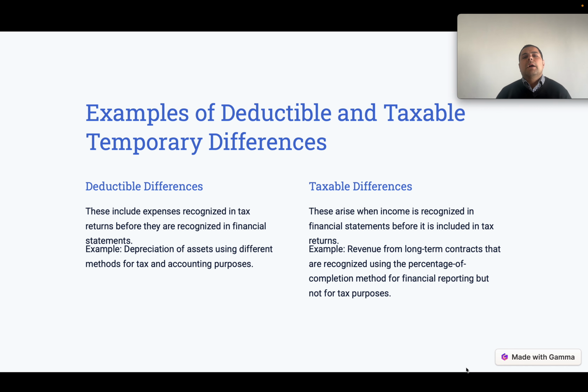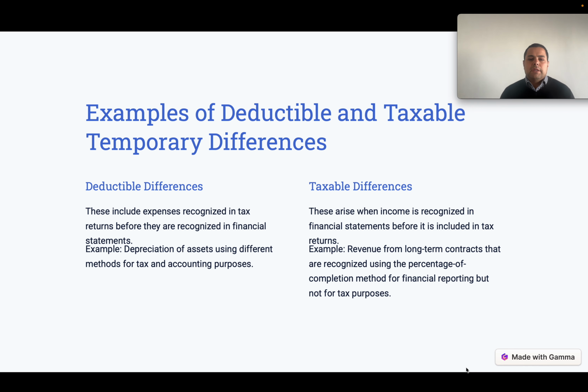I'm talking about the deductible differences, which means they will be deductible in the future, as in the example I mentioned before. Another example of deductible differences could be depreciation. You may be using different rates for accounting purposes and for tax purposes, because probably your legislation only allows you to deduct 10%, 20%, and in your accounting records you have a higher rate.